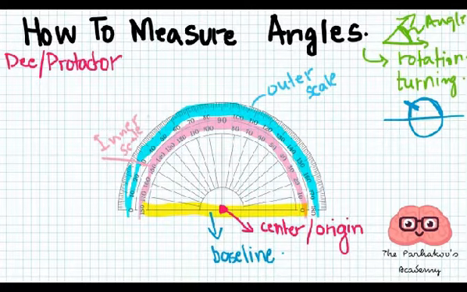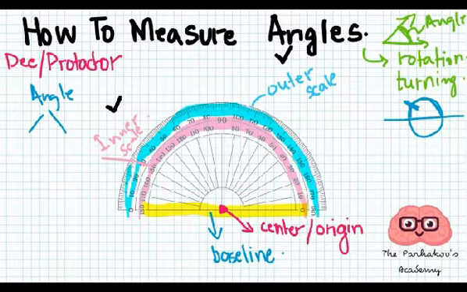So these are two scales on one protector. Now what they are used for, where we use the outer scale and where we use the inner scale, this is the question.